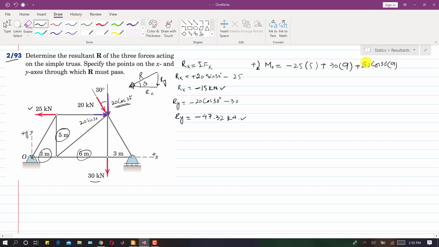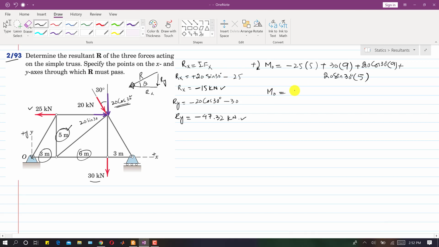And similarly this sine component is producing clockwise moment about O, so I will write plus 20 sine of 30 degrees, and the perpendicular distance of this component from O is this 5 meters, right? So this will give us moment in kilonewton meters.